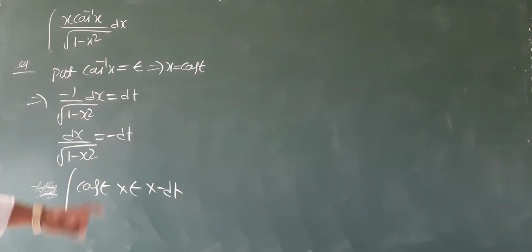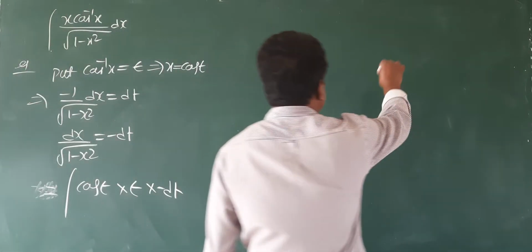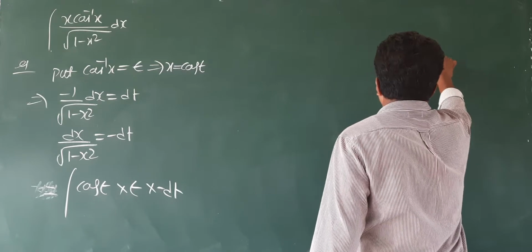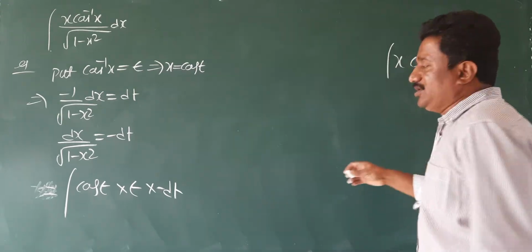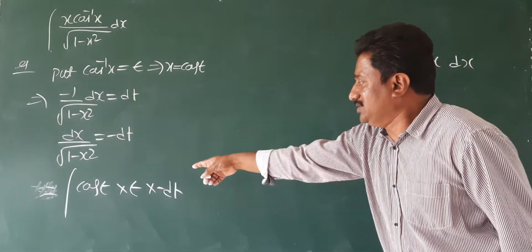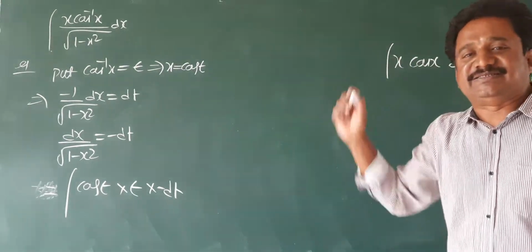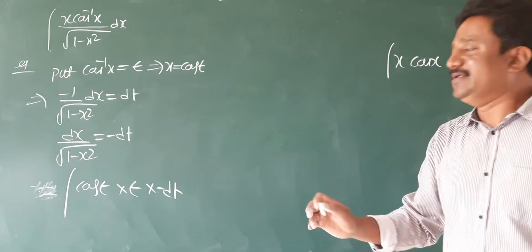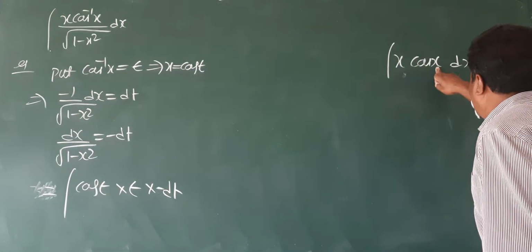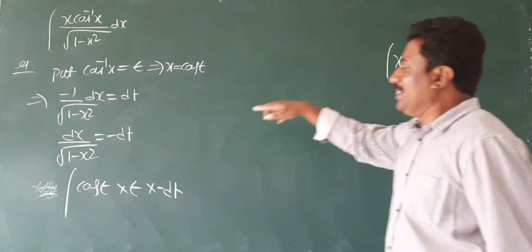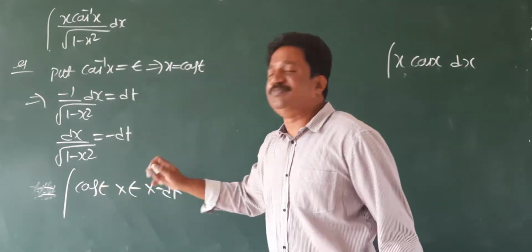Keep that minus outside. It is just like x cos x dx. Tell me the difference between these two integrals, students. Both integrals are the same, no difference. Here x cos x with respect to x, there t cos t with respect to t.